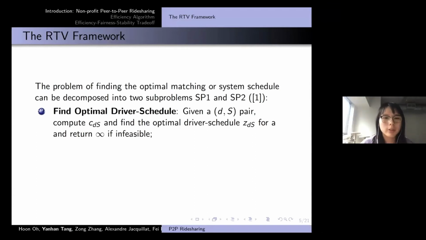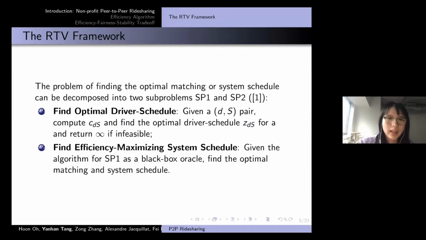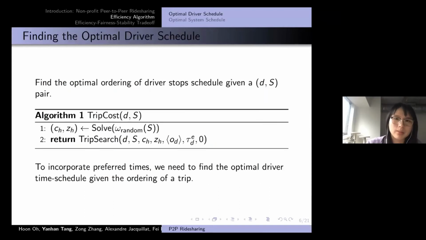We want to compute the best route and stopping times for the driver to serve this subset of riders. And in the second step, we want to find the efficiency-maximizing system schedule. We use the algorithm for SP1 as a black box and solve the optimal matching problem.